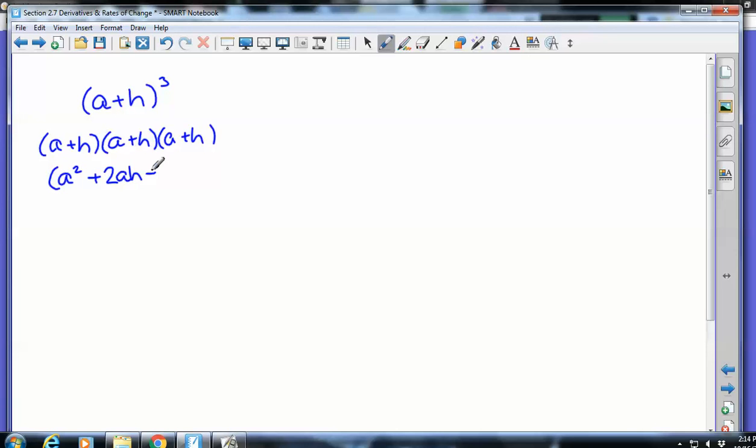We can quickly square. If you FOIL, you get a squared plus 2ah plus h squared. Now you have to do times a plus h, so you have to multiply it all out again. So this would be something you probably want to go off to the side and work all this out.